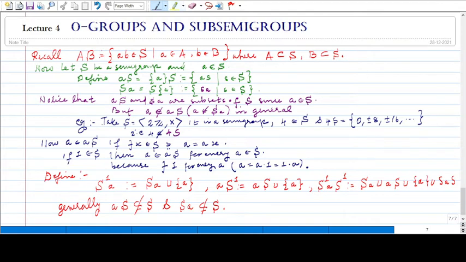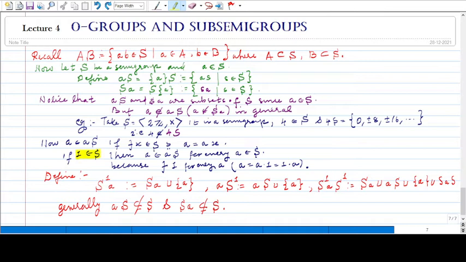So when does a belong to AS? If there exists an x in S such that a equals ax. If such an x exists, then we can say that a belongs to AS. But this is possible only in certain semigroups, especially in a semigroup with identity.